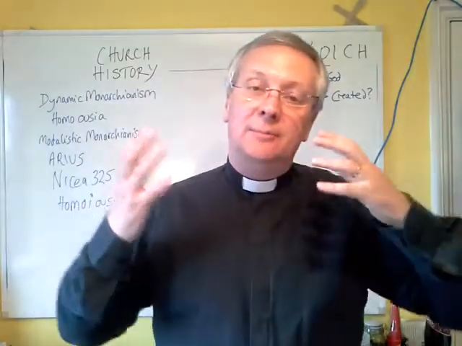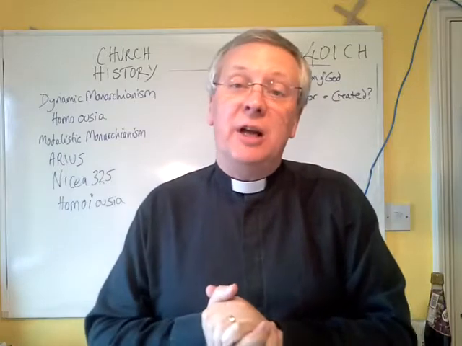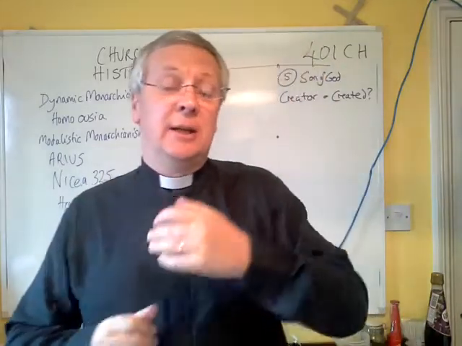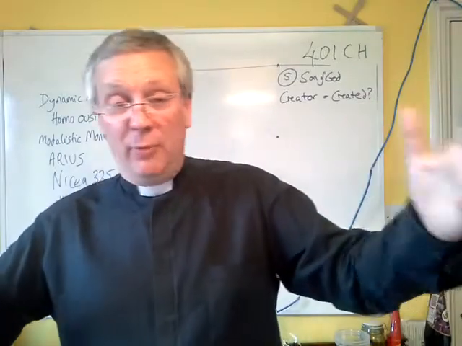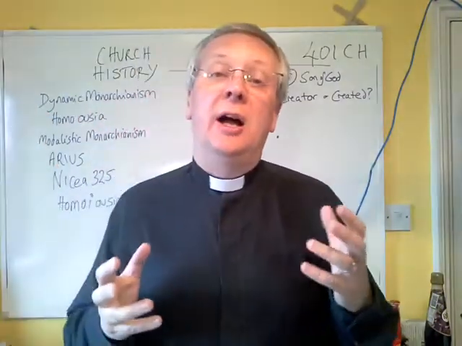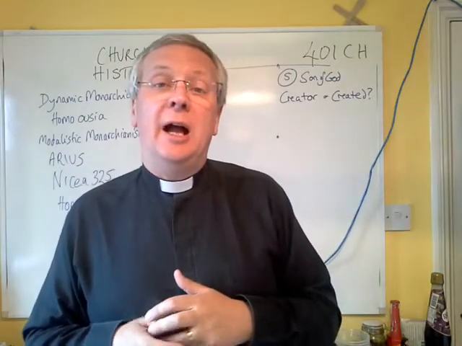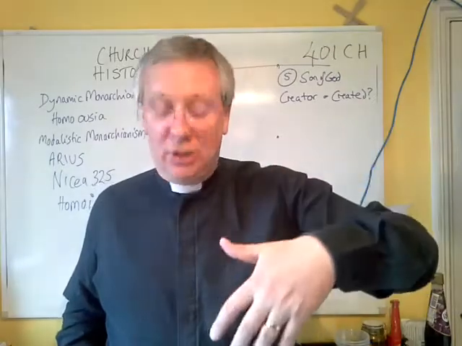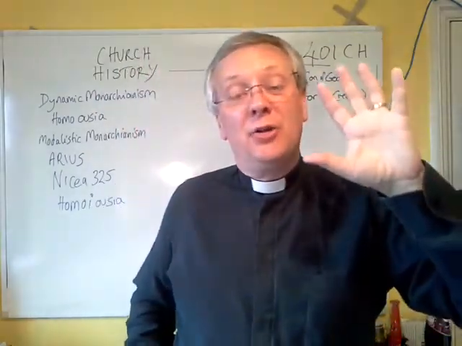As he gathers them, says Eusebius of Caesarea in his ecclesiastical histories, he goes around greeting these bishops, many of whom have been tortured for their faith under previous emperors. And bear in mind, this is 325. The Diocletian persecution, the Great Persecution, ended in 303.